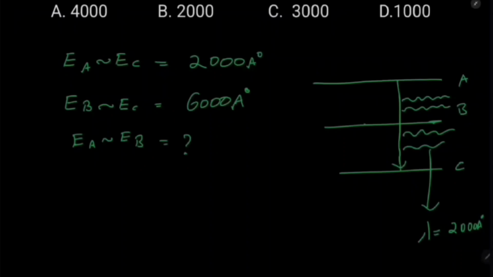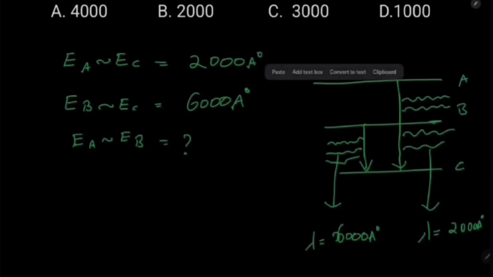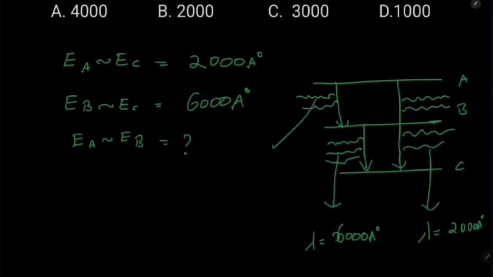And when the electron gets transited from B to C, it also emits some radiation which had a wavelength of 6000 angstroms. The question is that we have to find the wavelength when the electron gets transited from A to B, and then it also emits some radiation. This radiation's wavelength is what we need to find.